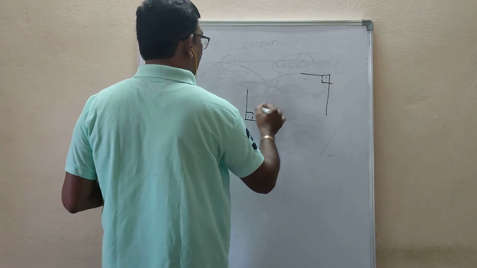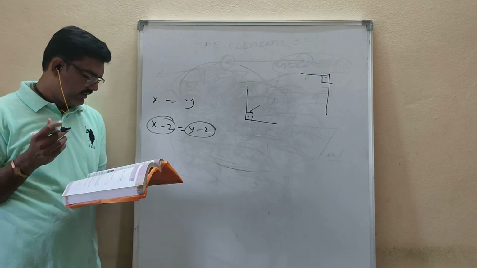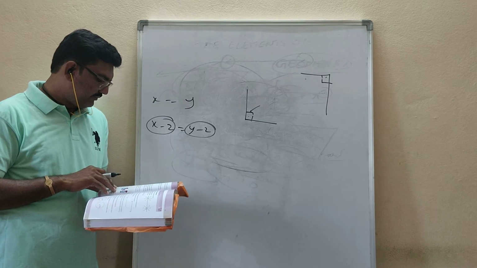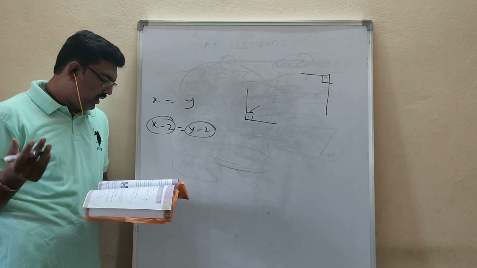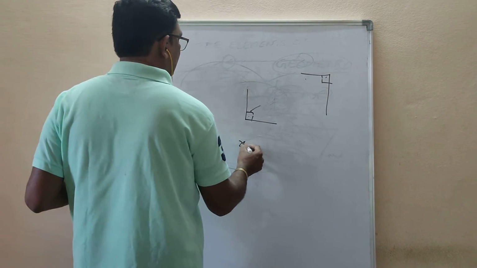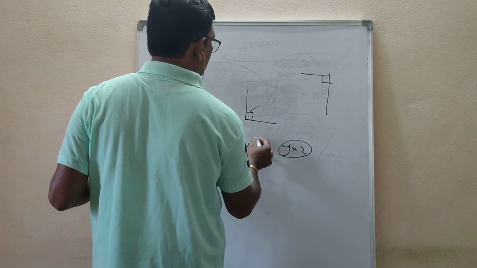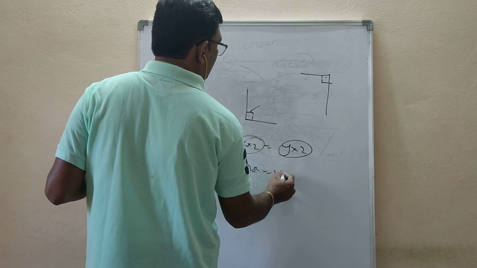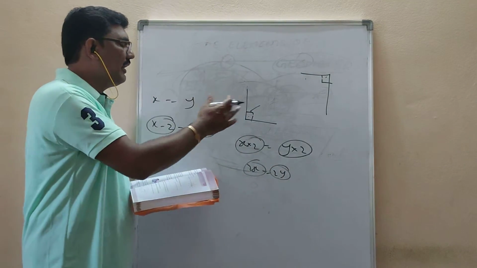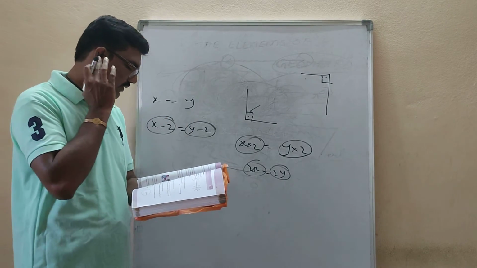Then the angles will be equal only, or not? Which coincide. Okay. Next, things which are double of the same things are equal to one another. Here x is equal to y, so 2x is equal to 2y. Then also it will be equal. If things are equal and you double them, the resulting ones also will be equal.